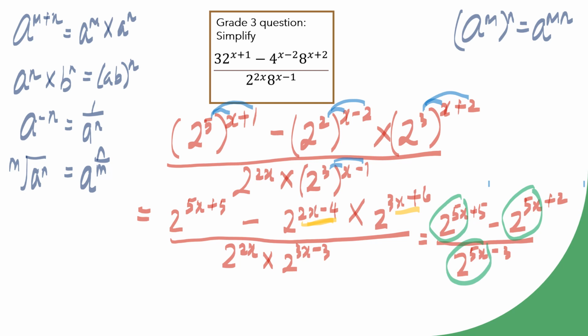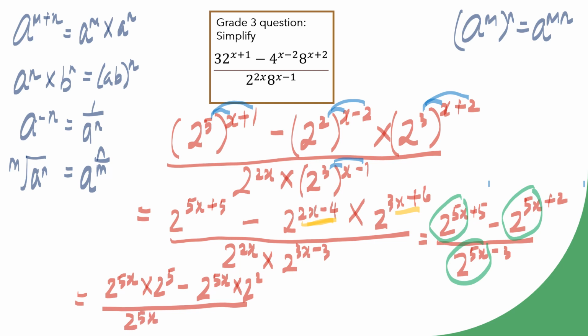So if you have a common factor, what do we do? We can actually factorize it out. But before we factorize it out, maybe we write it, separate them, into 2 terms. Then it's easier for you to do the factorization.